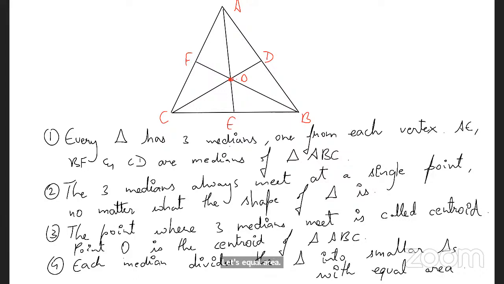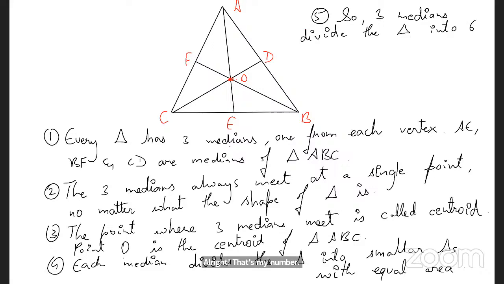Okay, and the fifth point I'm writing over here at the top. Okay. So three medians divide the triangle into six smaller triangles of equal area.